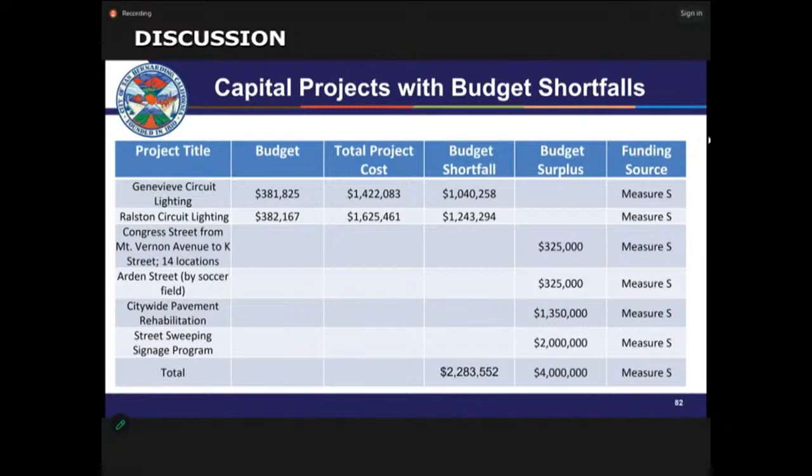The column to the right are projects that have surplus: 325,000 in the Congress Street from Mount Vernon Avenue to K Street, the Arden Street City Pavement Rehabilitation, and the street sweeping site. So there's a total of $4 million in budget surplus. These are all within Measure S, so the surplus is more than sufficient to cover the funding shortfall.